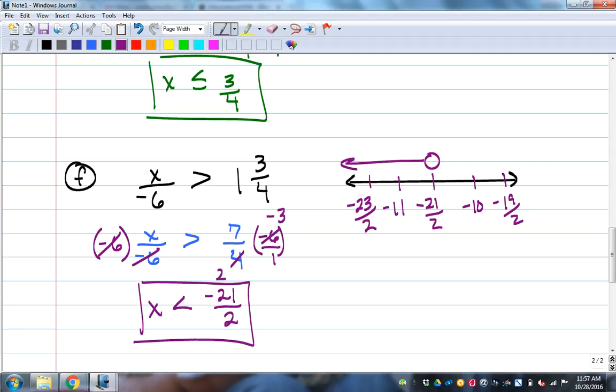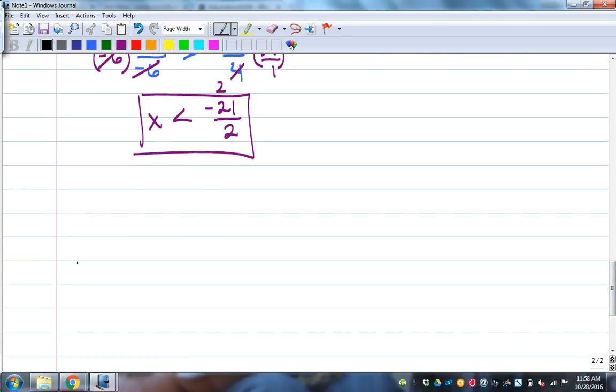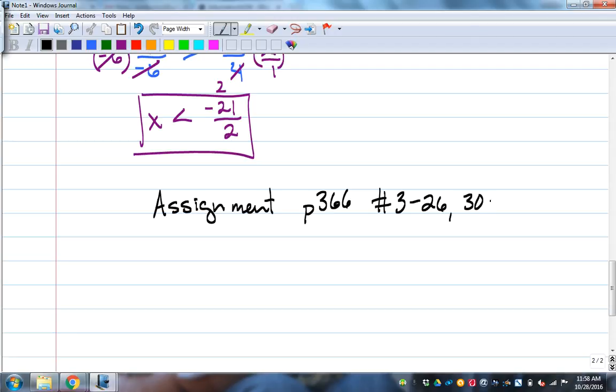All right. So this is what we're doing today. We got about 6 minutes till lunch. Your assignment to work on after lunch, or start on it now and then finish it up after lunch, is on page 366. Doing numbers 3 through 26 and 30 through 33.